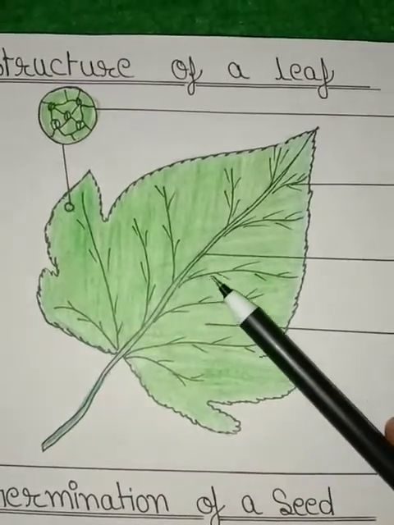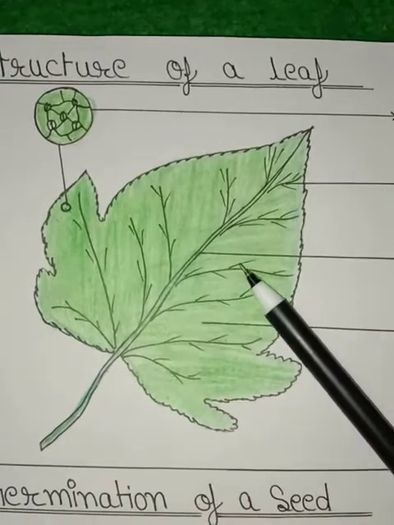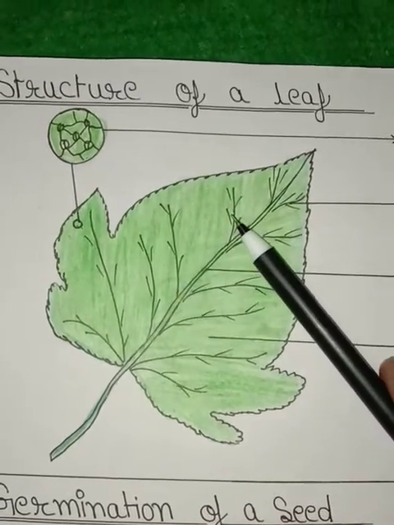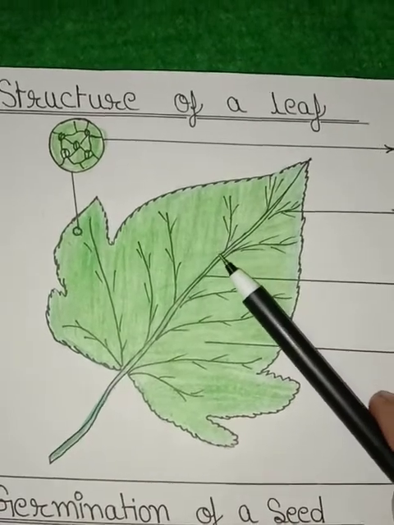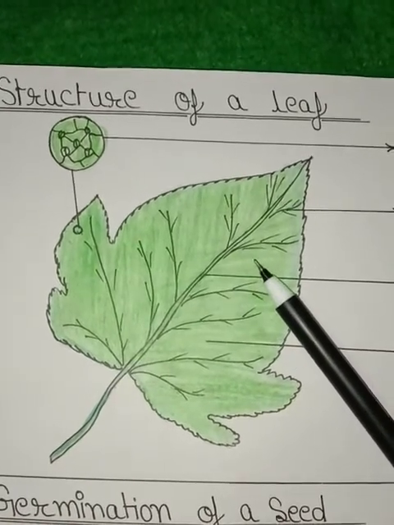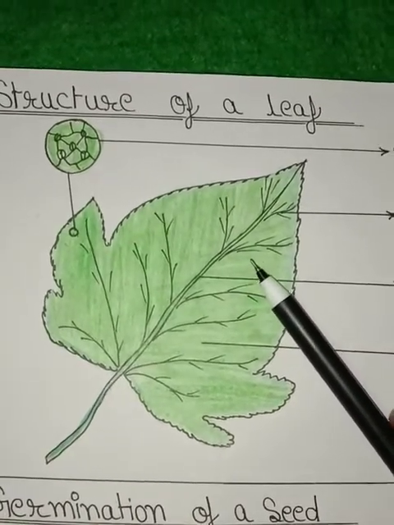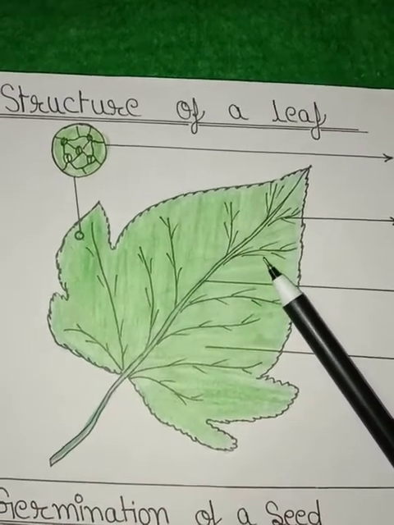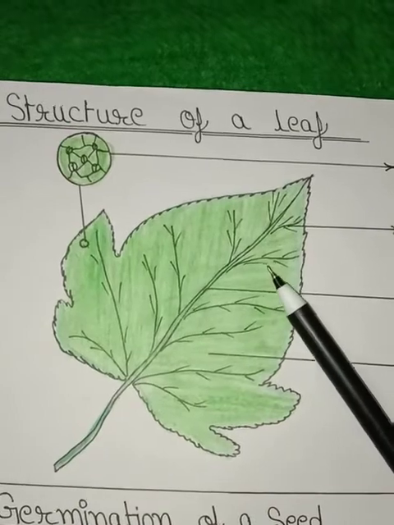Now you can see here some lines running across the lower surface of a leaf. Okay. These lines are tubes called veins, which carry water and minerals to the leaf.